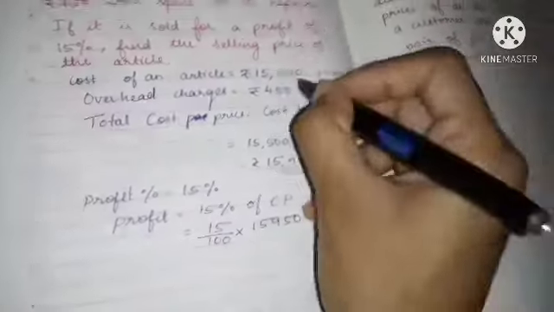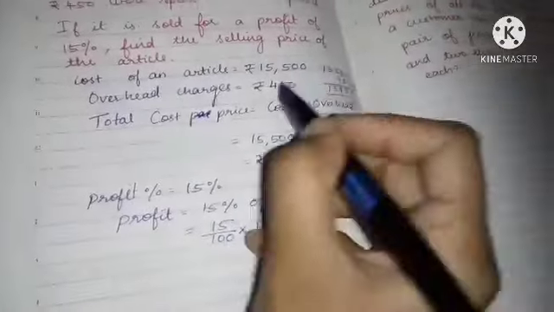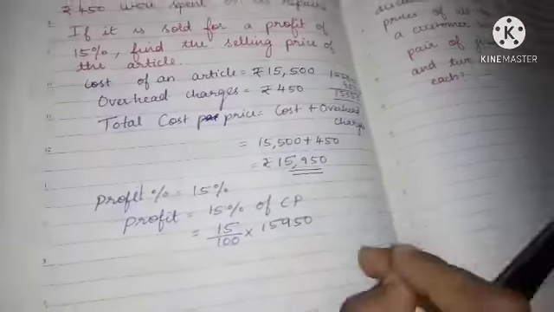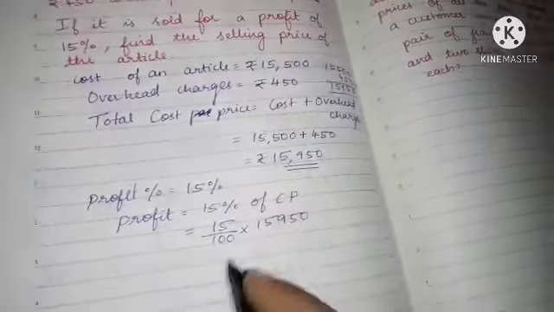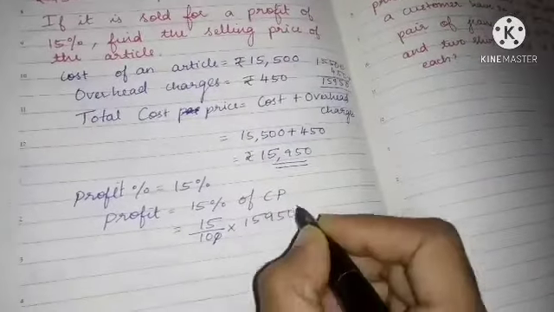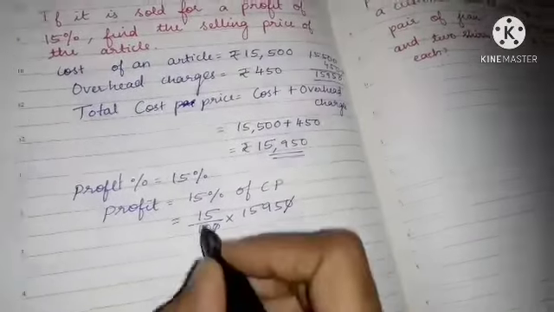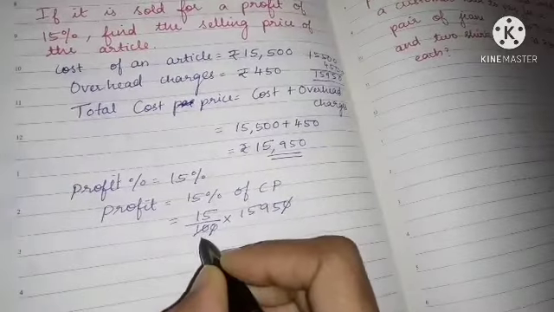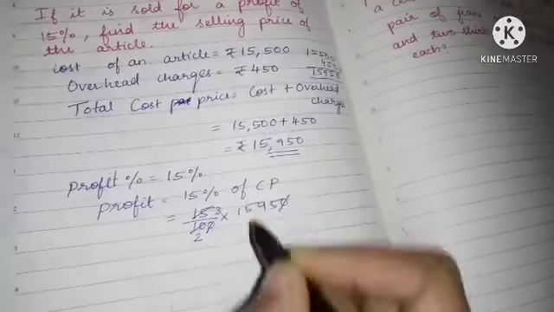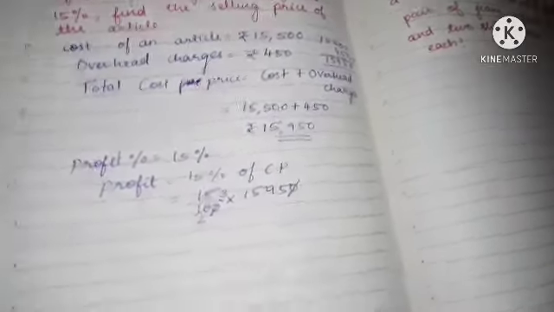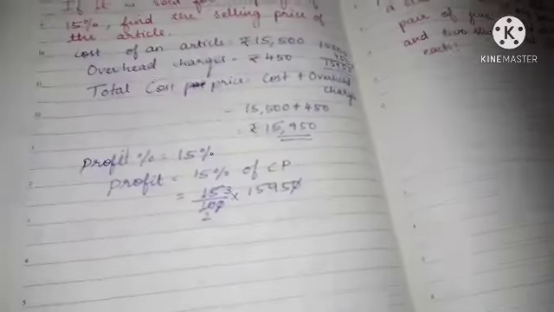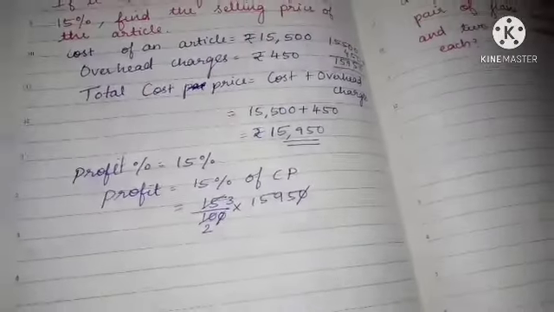You should not consider only the basic cost price, because the overhead charges will also be included in this. Up to 15,950, 0 cancel. Then 5 2s are 10, 5 3s are 15. Okay, now we can directly go to the calculation.